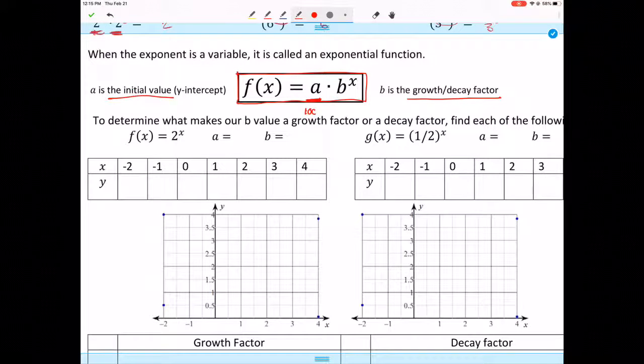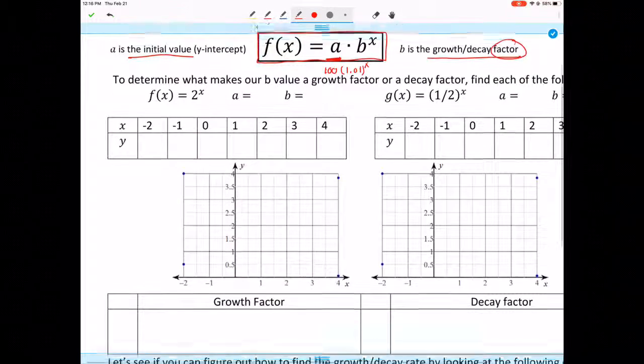Say you put $100 in, and your interest rate would be maybe 1.01 to the x. So every year your money will increase by 1%. We'll talk more about rates and the difference between a rate and a factor.